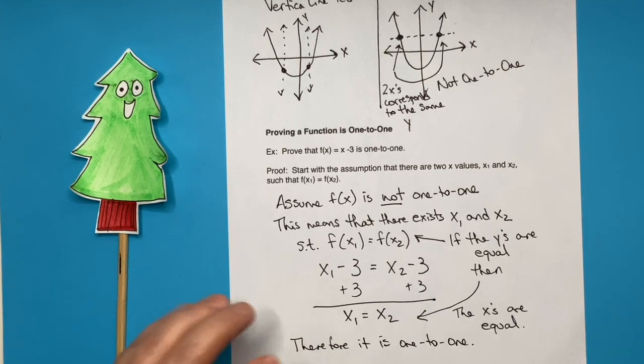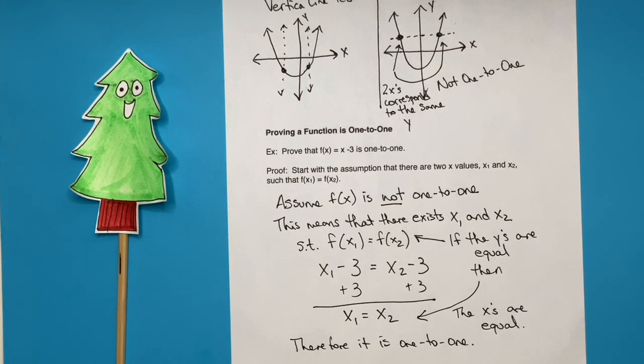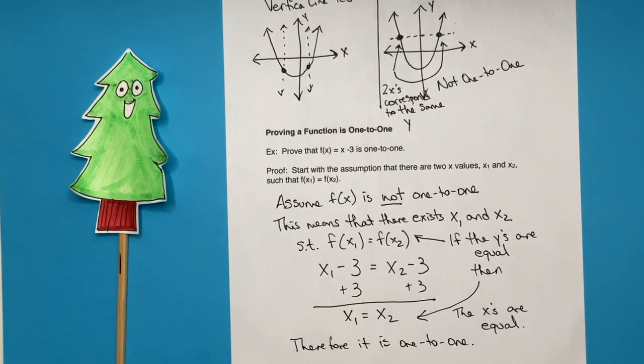Now, this is a very simple example of one very famous type of proof that we use in math, and you're going to see it again. For us, we're just going to use it in this one little setup, and usually the situation will not be that complicated. You can only use this proof easily when you believe something is one-to-one.